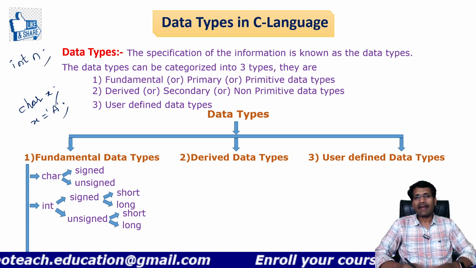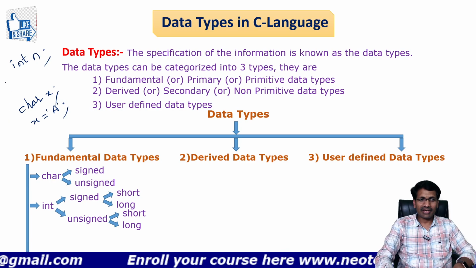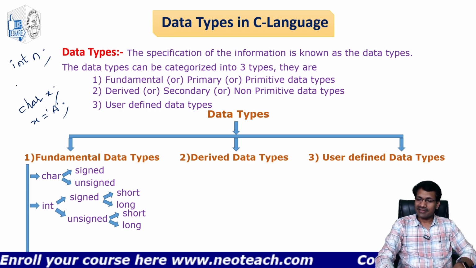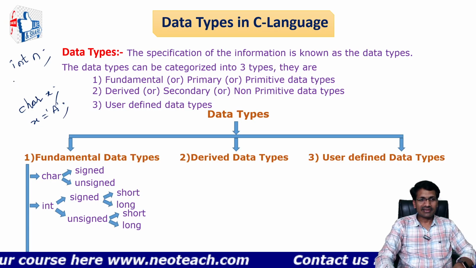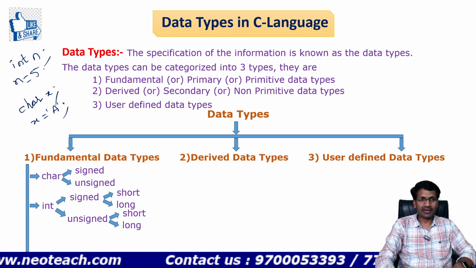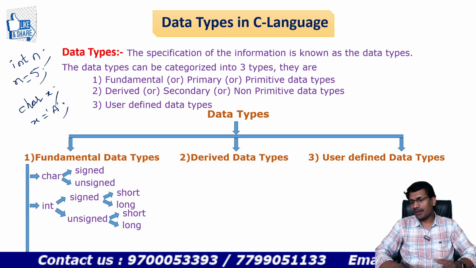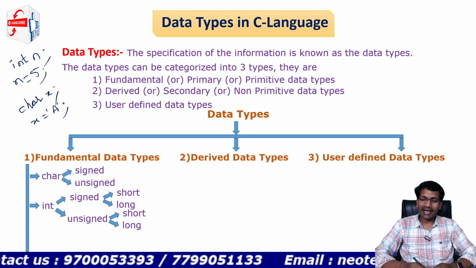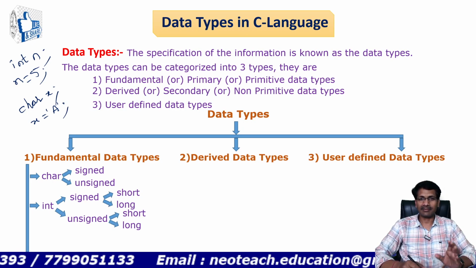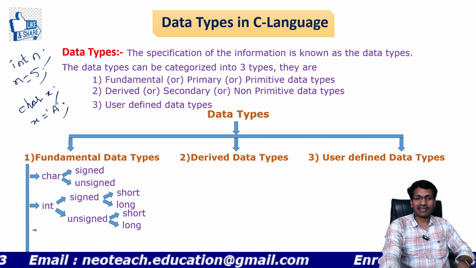So what is n? n is a variable of type integer. When we declare n with the int keyword, it becomes integer data type, so it can hold integer data. Like n equals 5. So 5 is the integer value I am storing into n. It's compatible. Before handling data, we must declare it in C language based on its type. That is what we should learn regarding these data types.